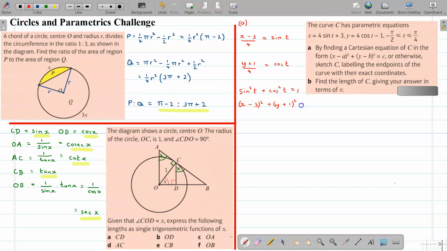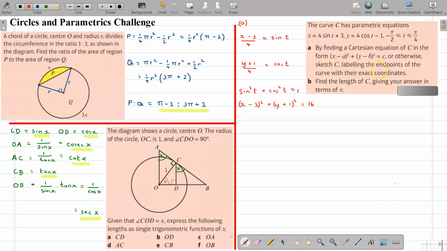So I'm going to put that over here, in other words multiplying the 1 by 16. So that's the equation of a circle. I've written that in the form x minus a squared plus y minus b squared equals c.